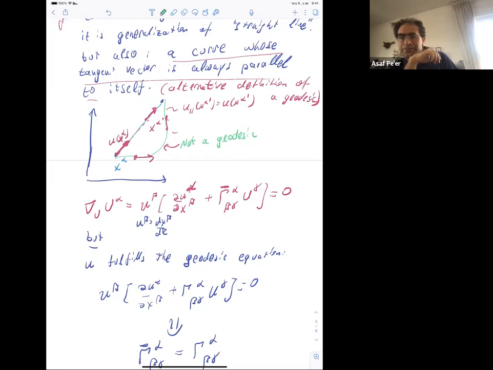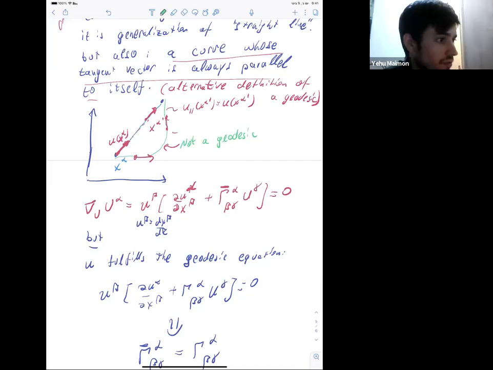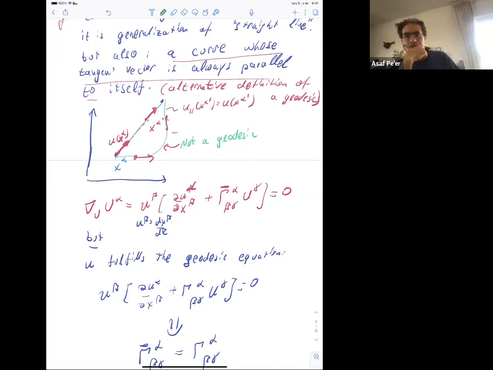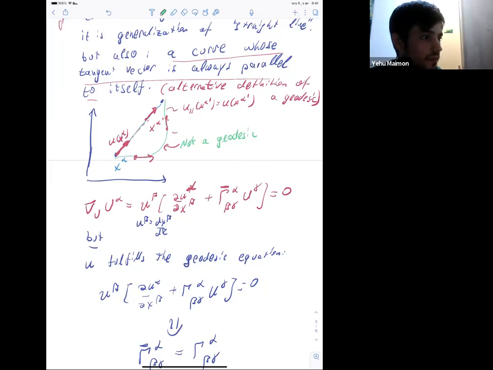Now it's clear? Some visualization, or does it just make you more confused? Saf? Yes. Can you give maybe a visualization of the great circle? Because each tangent vector is changing, right? No. Along the curve. No. Why not?